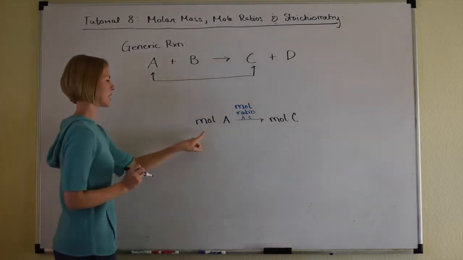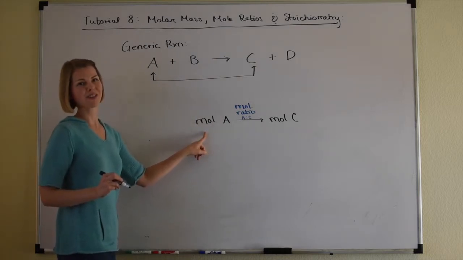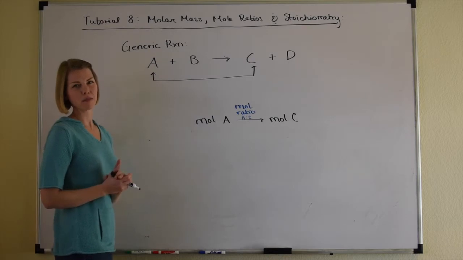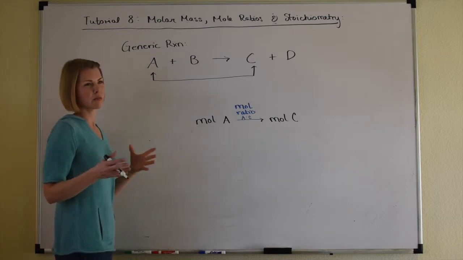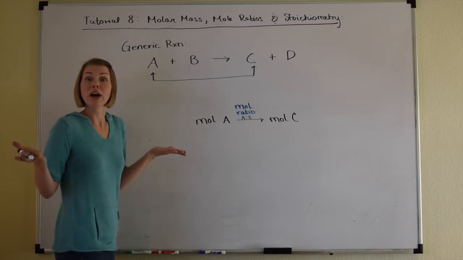Okay. Since we don't actually measure moles in the lab, you're probably going to want to convert this into grams. So let's say you know that you need 0.3 moles of substance A. Well, how many grams is that?